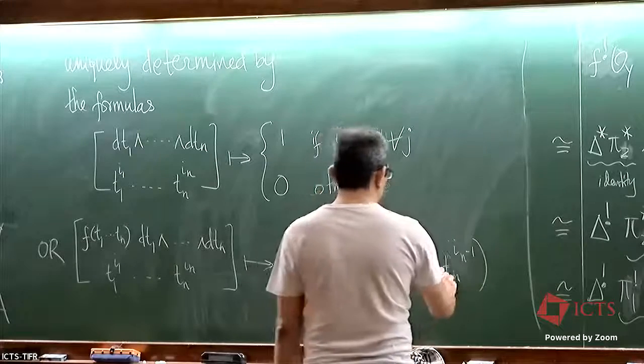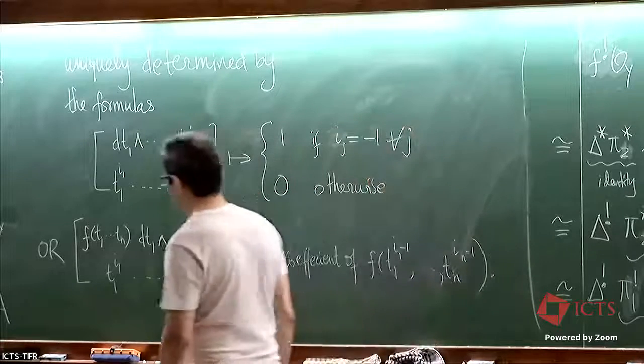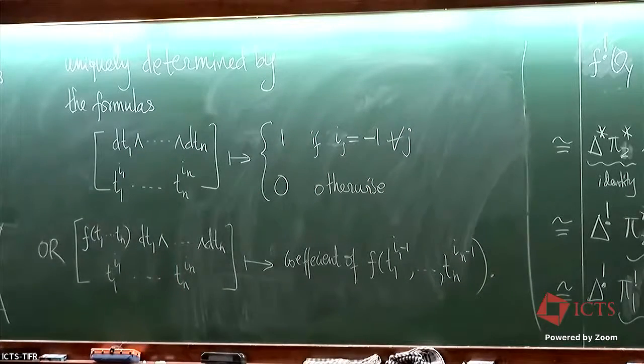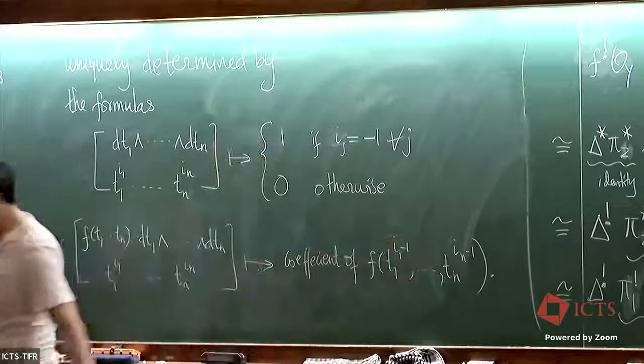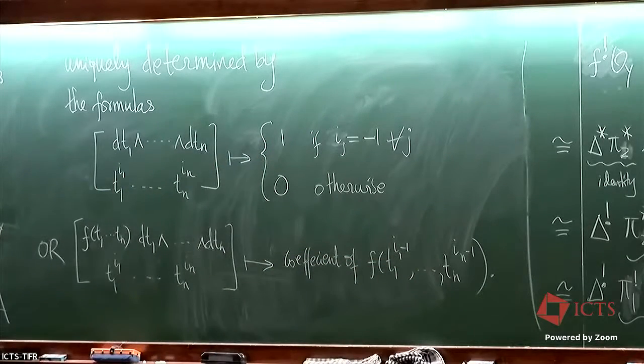Suppose this is the one, if it exists; otherwise anyway, it's going to be 0. Meaning if any of the i_j's are 1, so the i_j's are all non-negative, and if any one of them becomes 0 after subtracting 1, then it's just 0. So, what am I saying? Sorry.